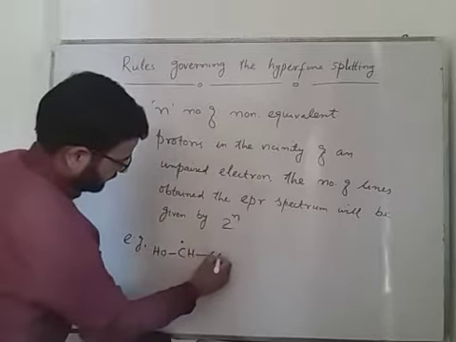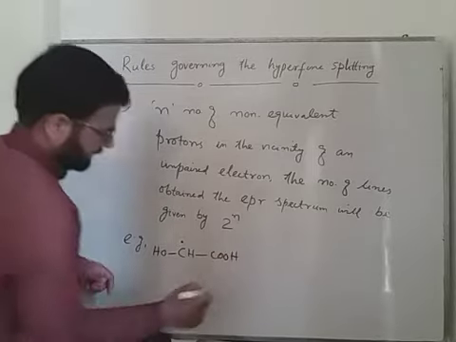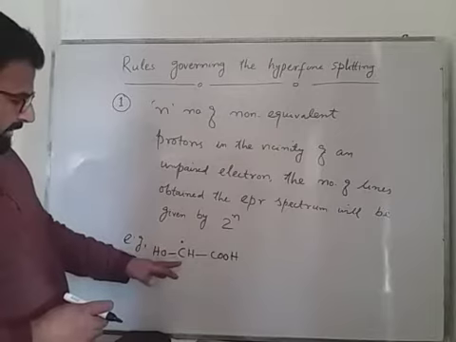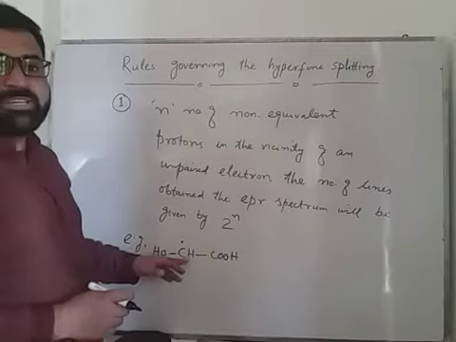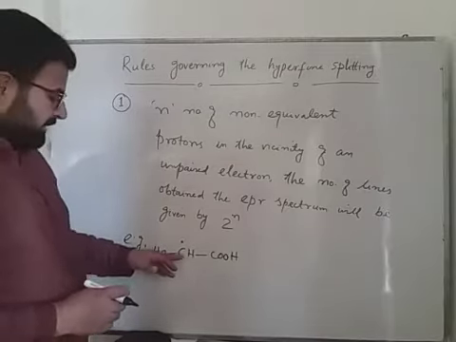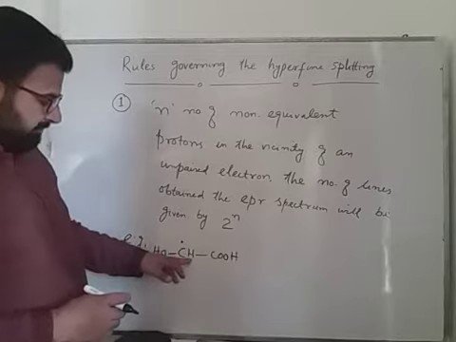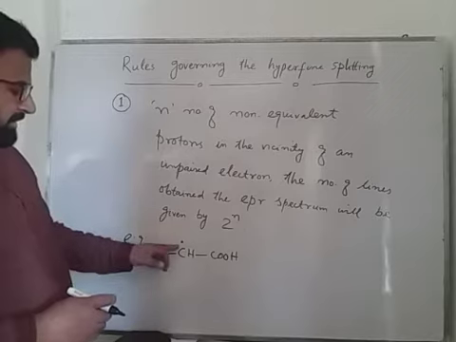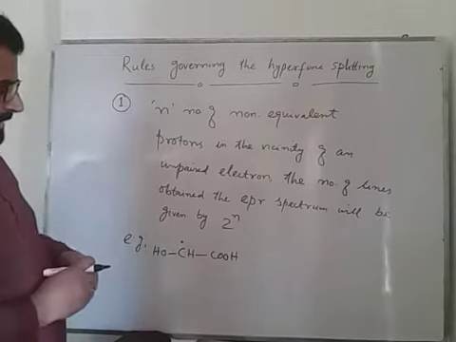Here there are two types of protons in the vicinity of the unpaired electron. One is this proton, and another is this proton.